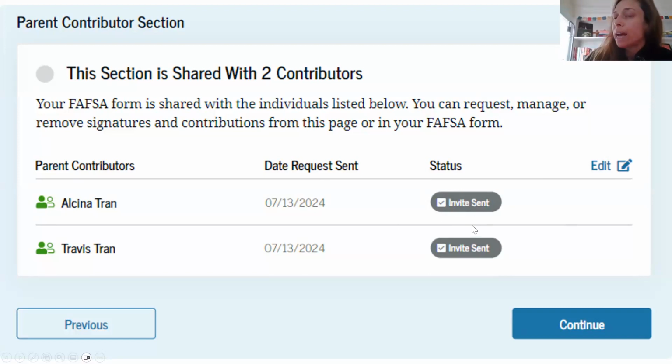I don't yet know exactly all of the language that will be reflected here, but my sense is that as contributors accept the invitation, that status may change from invite sent to drafted or something along those lines, and then complete or finished once the contributor has gone in and done their portion.